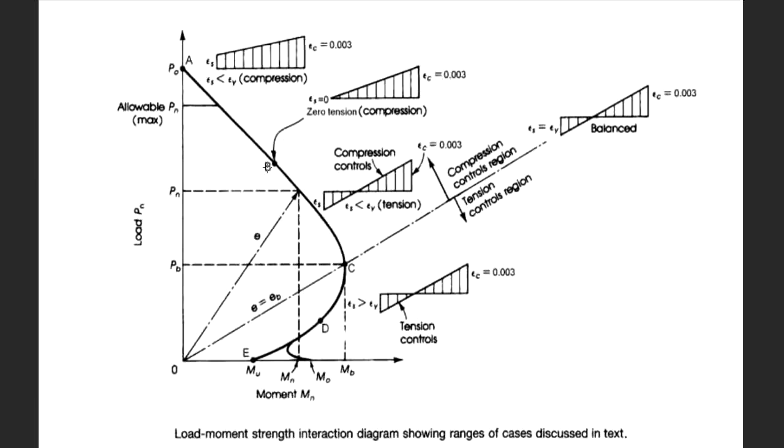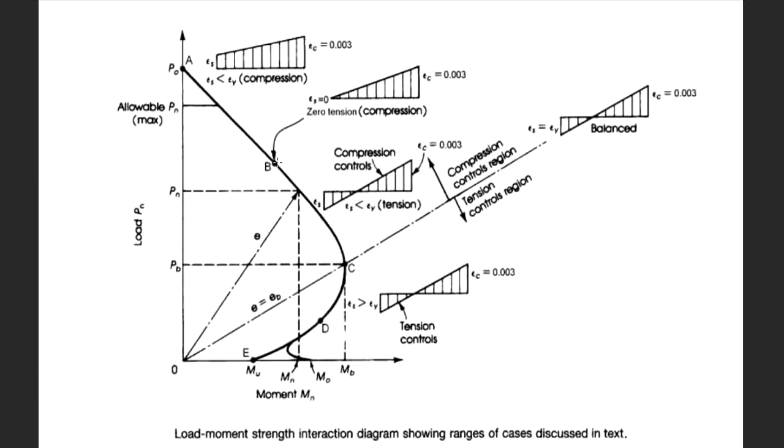Further, you can see as we move downwards, strain in steel increases as well as strain in concrete also increases. Why strain in steel increases? Because as the moment is increasing, the eccentricity also increases. So as eccentricity increases, strain in steel also increases.